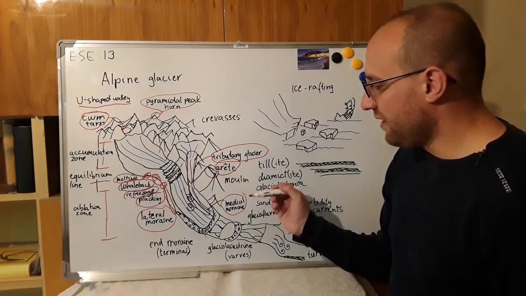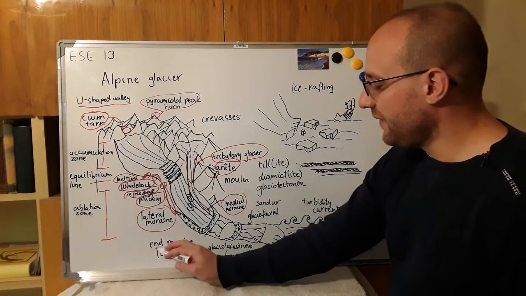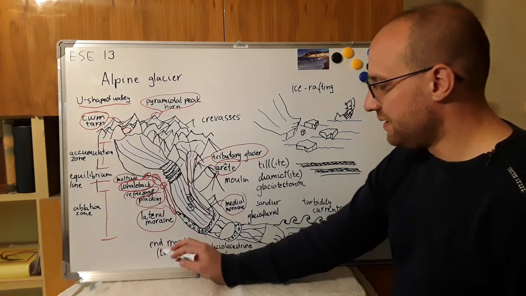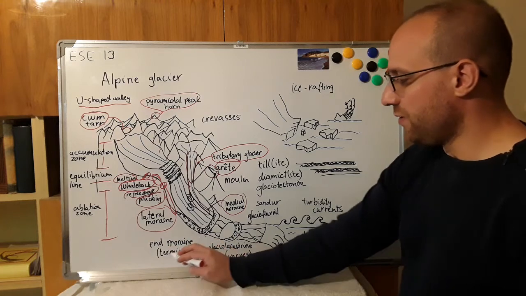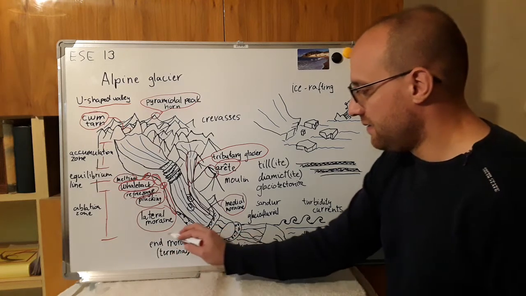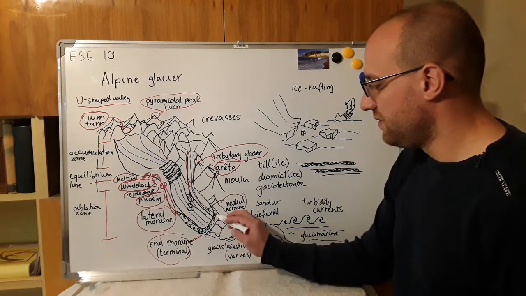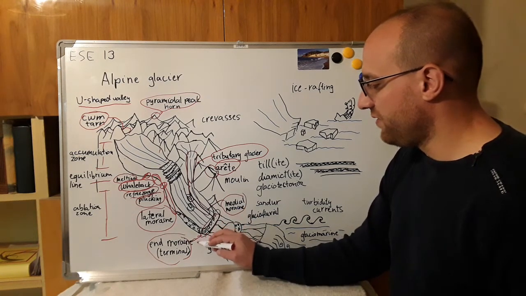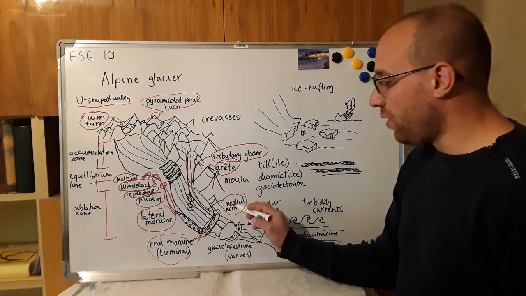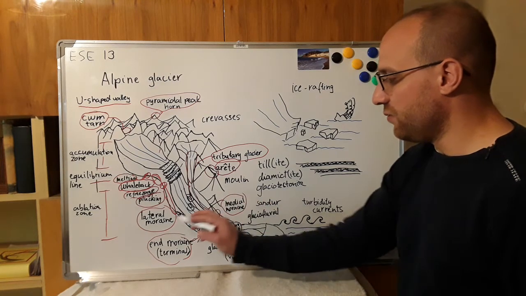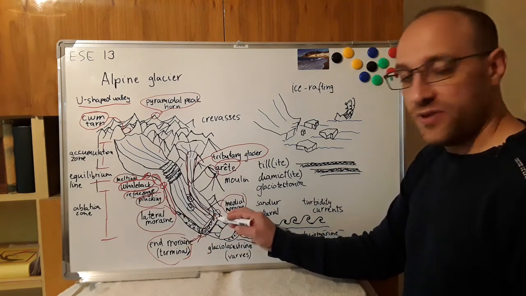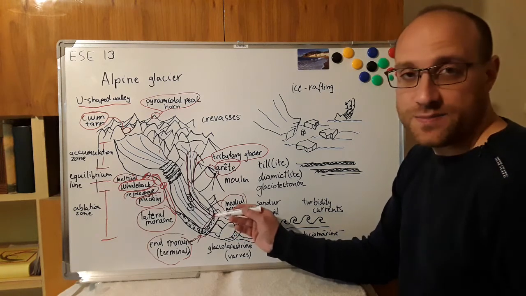And what else can we see then in terms of the rocks? There will be endomoraine or terminal moraine here at the very end of the glacier. So that's where all this material that once was either medial moraine or lateral moraine is dropped by the glacier as it's melting.